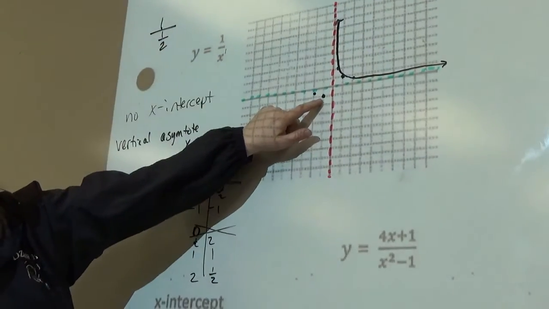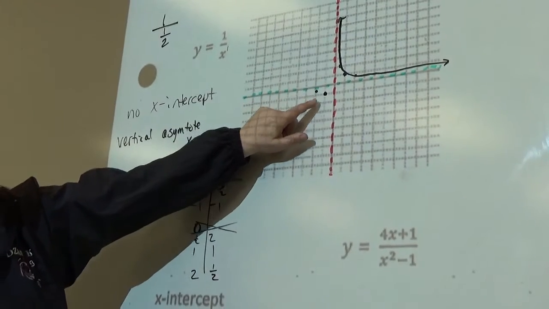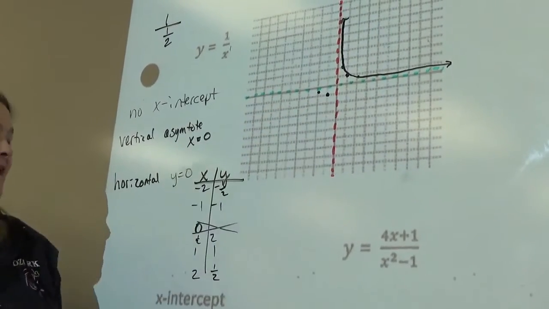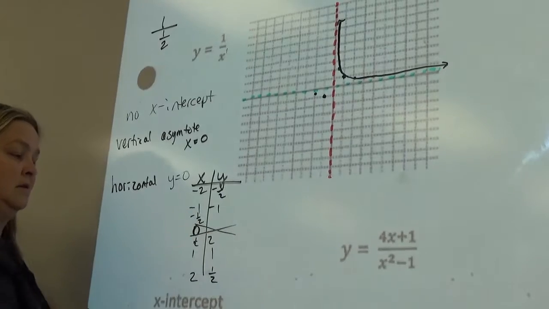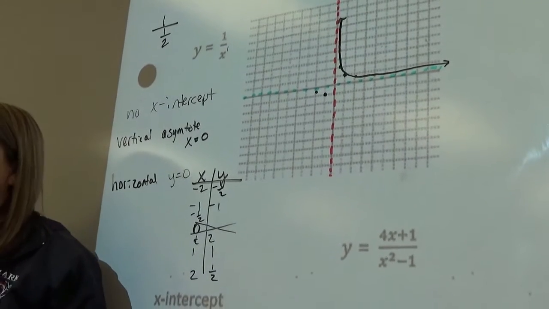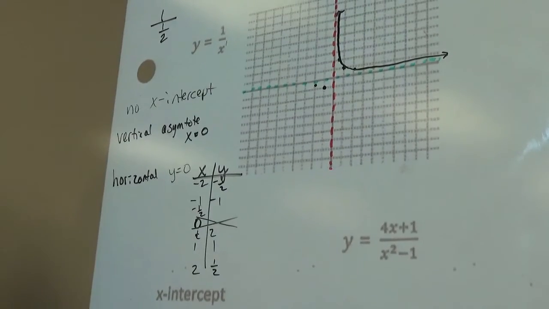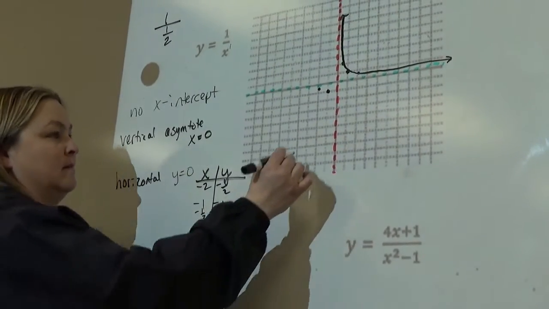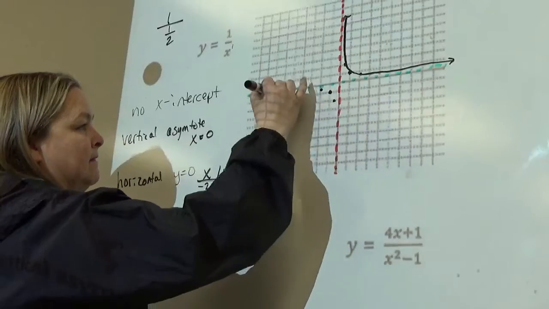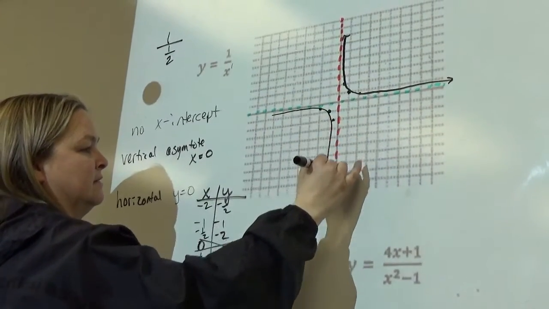So I can tell what that's doing. That's getting closer to this. I want to try one over here like -1/2. What's 1 over -1/2? -2. So that side looks like this.